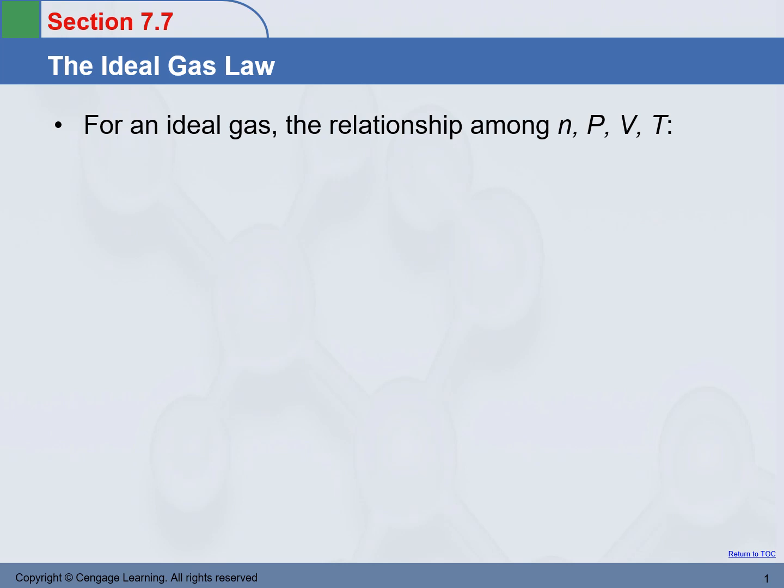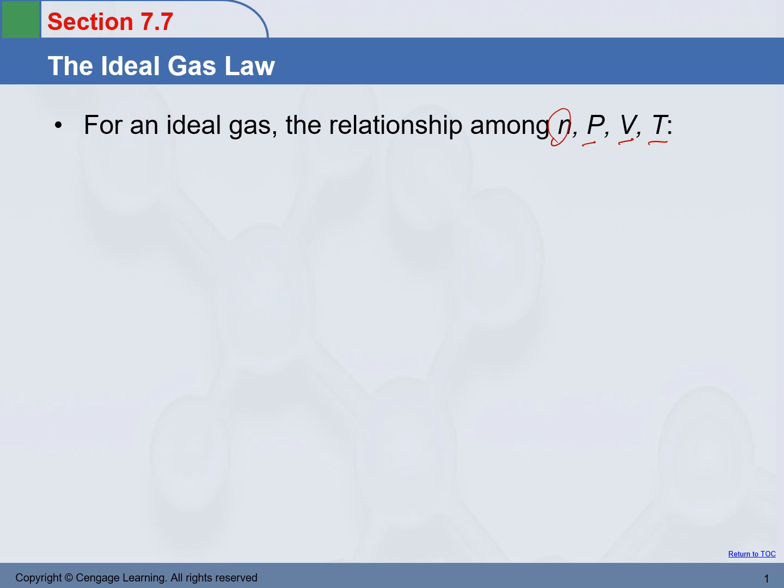However, an ideal gas is a gas in which there's no attractions among its particles. Particles in an ideal gas are independent from each other. For an ideal gas, the amount of the gas in moles, the pressure, volume, and temperature has a unique relationship.